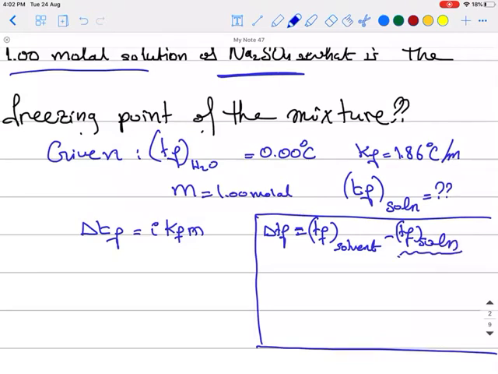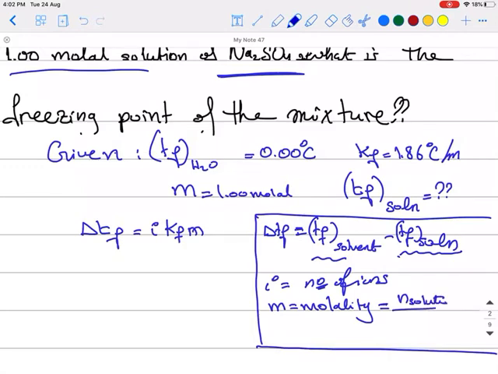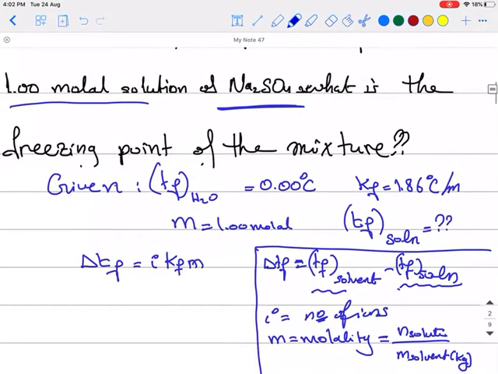Why? Because this quantity is less than this quantity. Secondly, i, as we said, is the Van 't Hoff factor, which depends on the number of ions in case I'm dealing with an ionic compound. m stands for the molality, and the molality always equals the number of moles of solute over the mass of solvent expressed in kilograms. Okay, now let us go back.